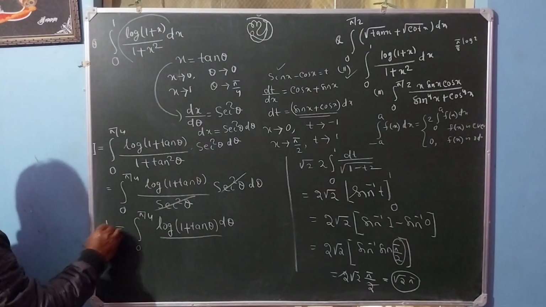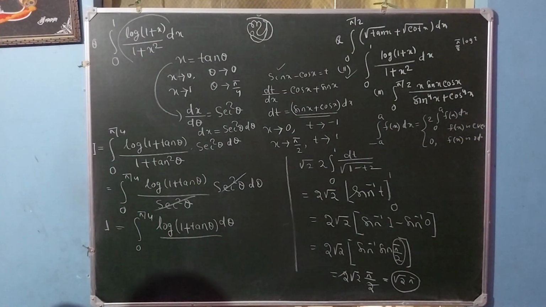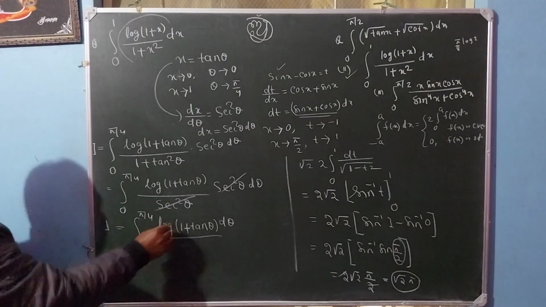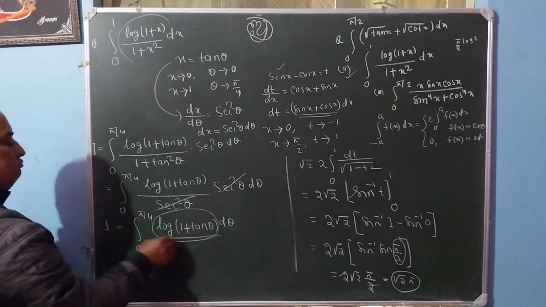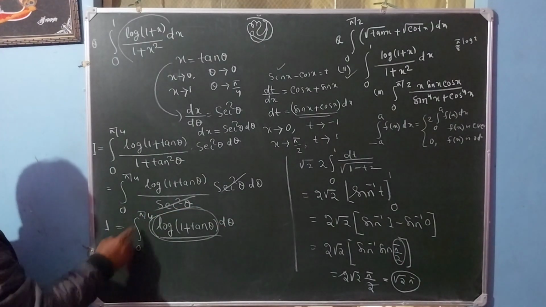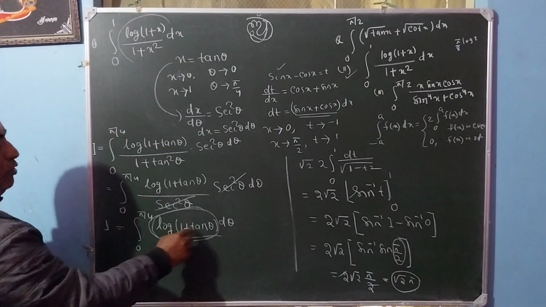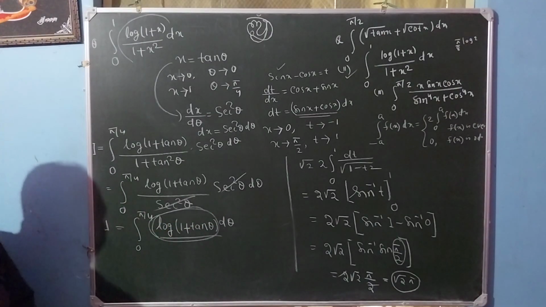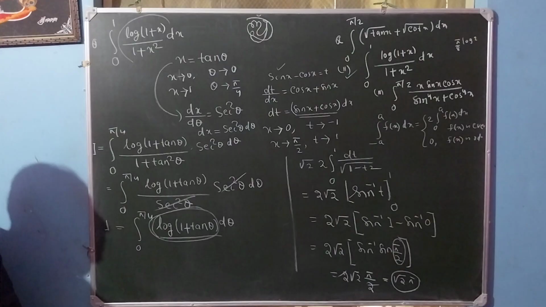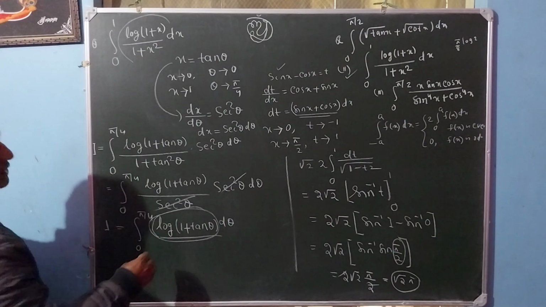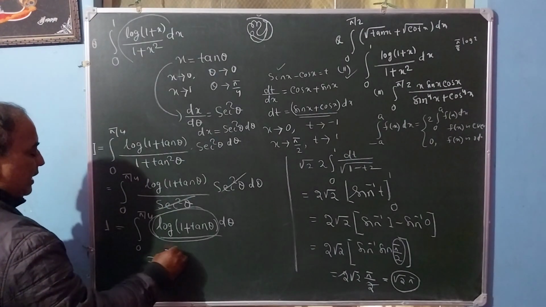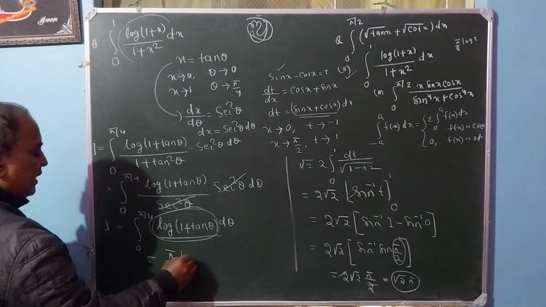This integral I have already worked out in one class. These problems I have already done. Integration from 0 to pi by 4 of log 1 plus tan theta d theta is one problem I have already worked out, whose value is pi by 8 log 2.